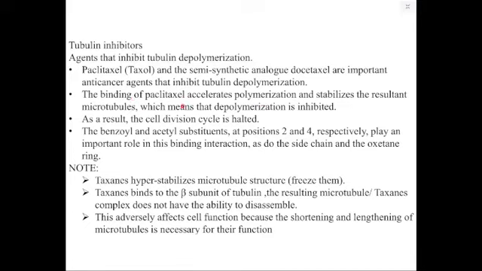The binding of paclitaxel accelerates polymerization and stabilizes the resultant microtubules, which means that it freezes the whole system. After you get the polymerization, it is stable. You form the microtubules, but they cannot undergo depolymerization, and you require them to depolymerize, in other words, to form smaller molecules.